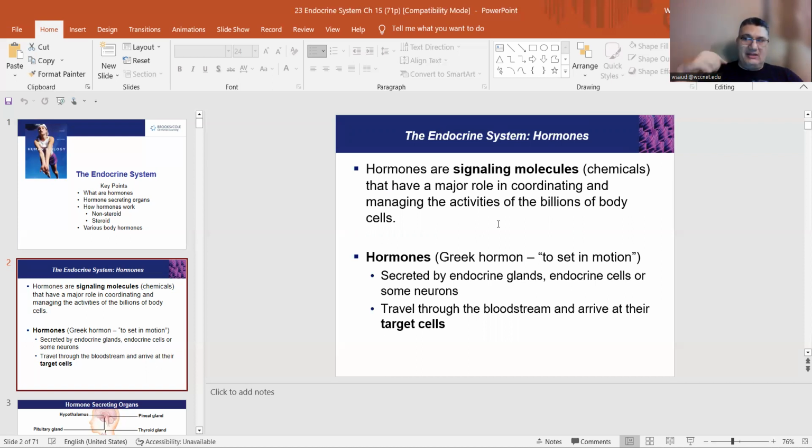But this will remind us again, refresh our information, that the overall control of the body is two systems, nervous system and endocrine system. Nervous system, immediate control, but short term. Endocrine system takes time to make these secretions or the hormones.